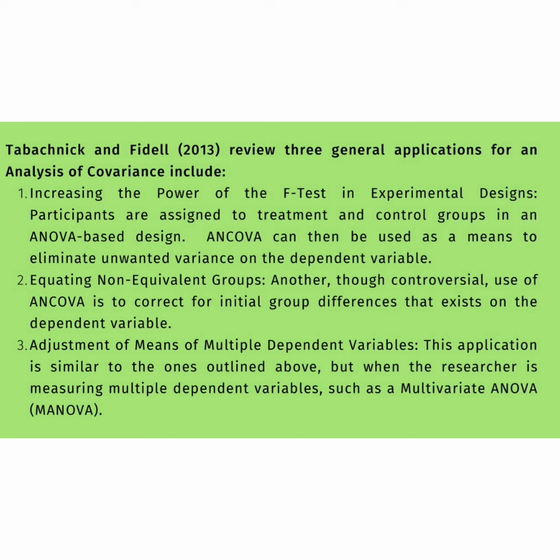ANCOVA can then be used as a means to eliminate unwanted variance on the dependent variable. Equating non-equivalent groups, that is the second general application. By using the ANCOVA, it will correct initial group differences that exist on the dependent variable.